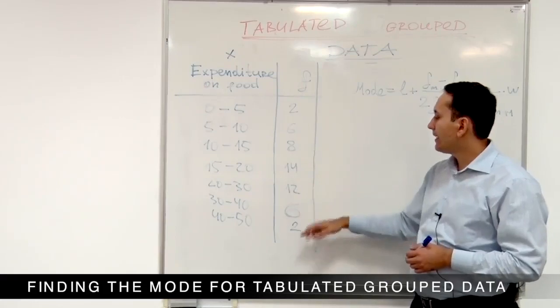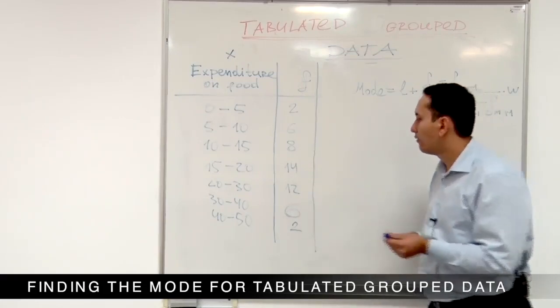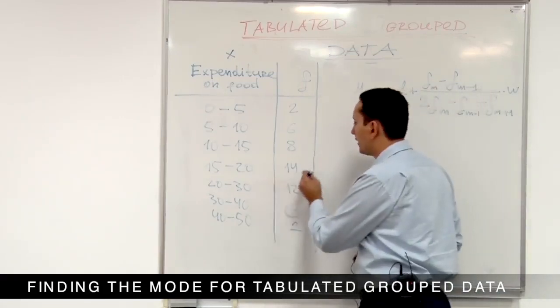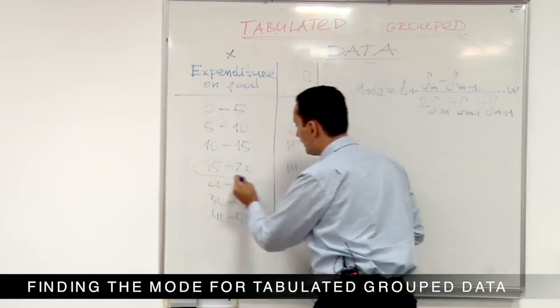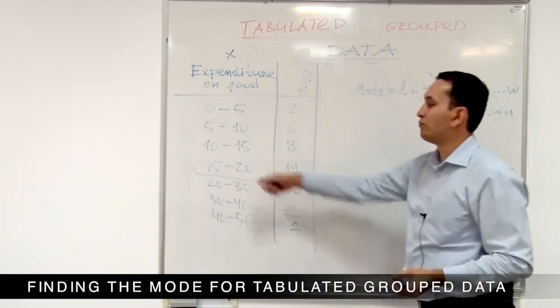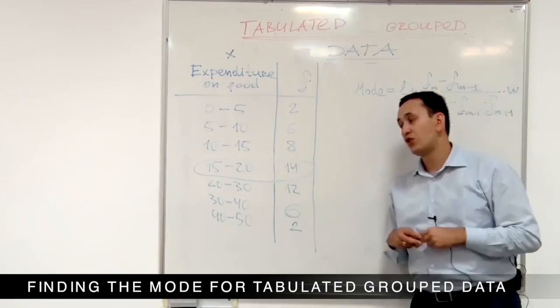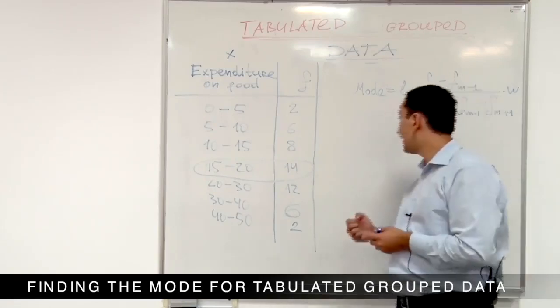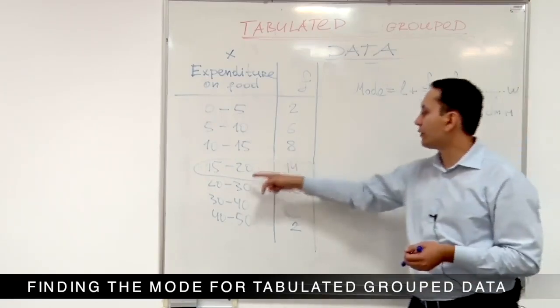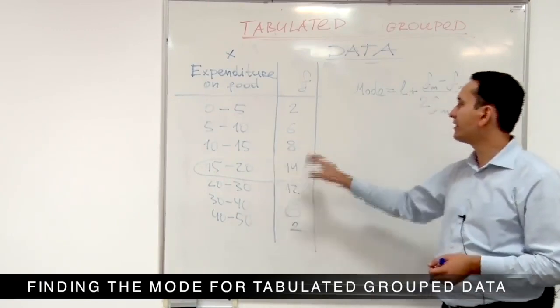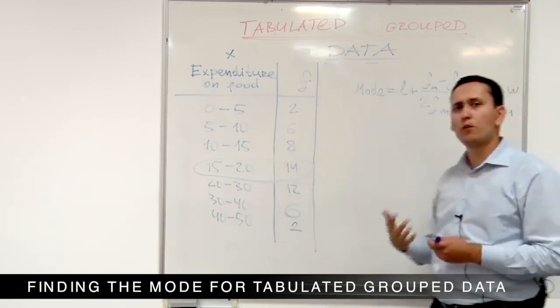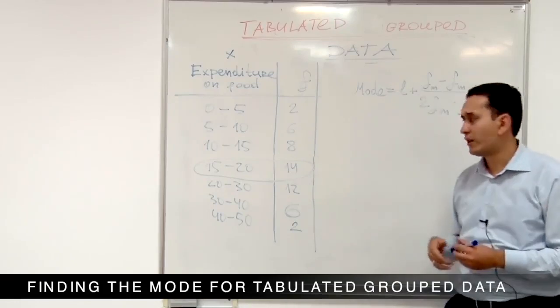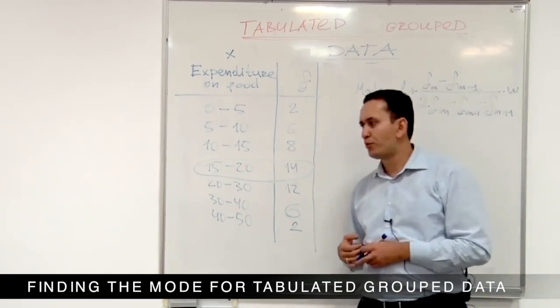As you can see, the highest frequency is 14 right here. So 14, and this is the modal group from 15 to 20. We plug in the numbers from this table into the formula and find the mode for tabulated grouped data.